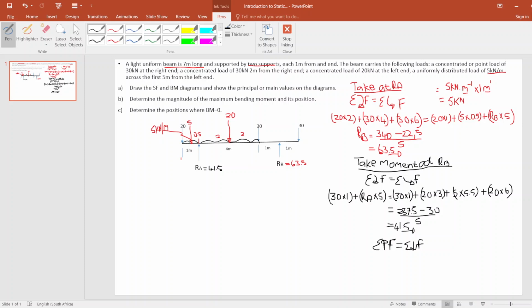Upward forces equals to sum of the downward forces. That's what we'll be using to calculate that which they want us to calculate.